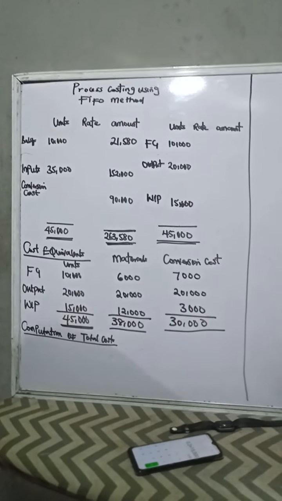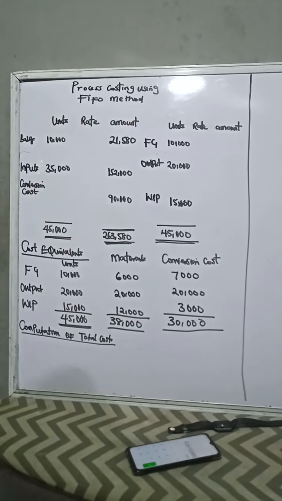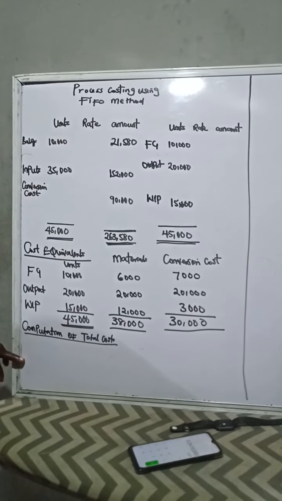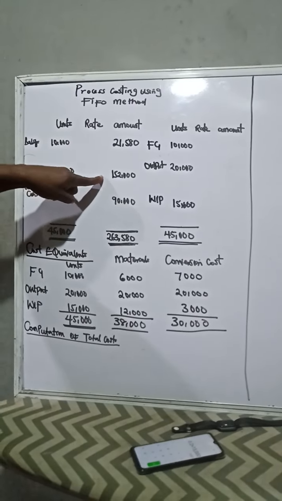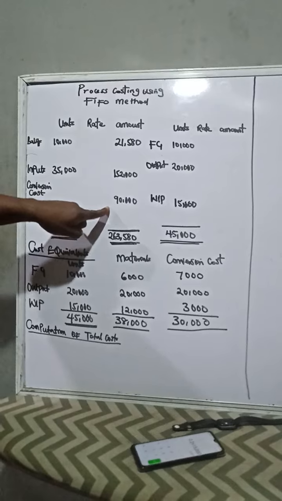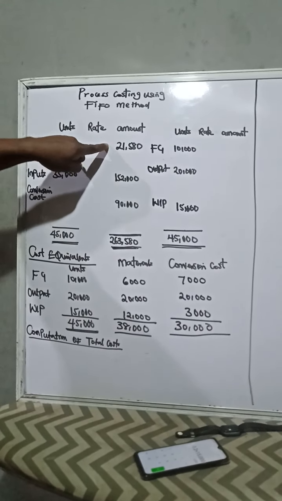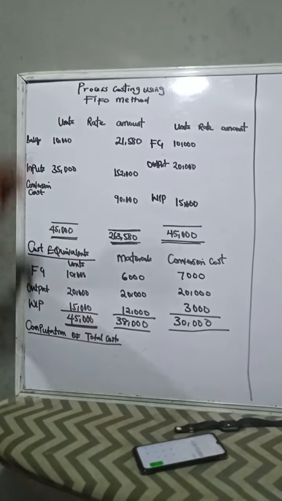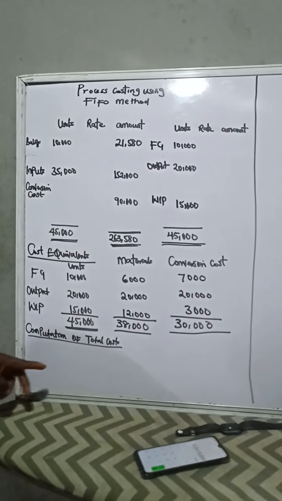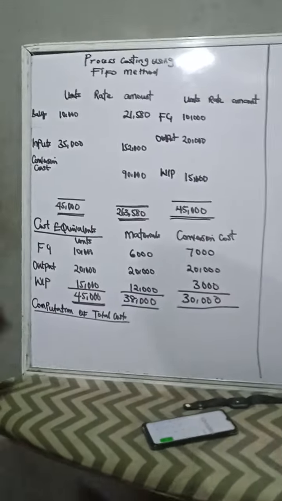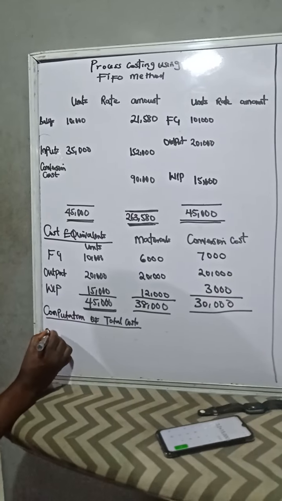So you don't need to use the balance brought forward. That means my cost will be these two, 152,000 and 90,000. I don't need to bring in this 21,580, because this is the previous cost. It is the current cost you are going to use to do your valuation.